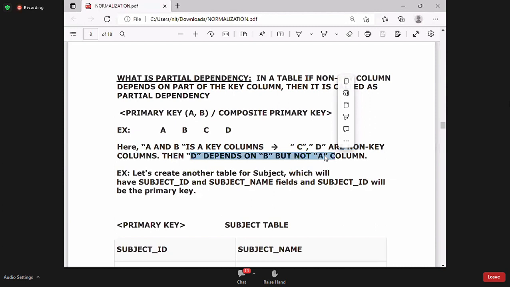But here we said partial dependency. Partial means any one of them.